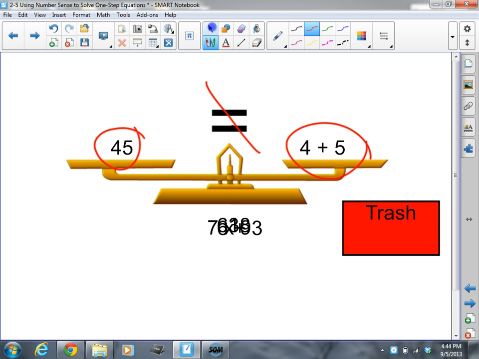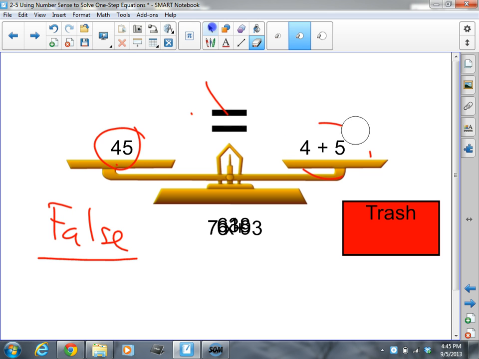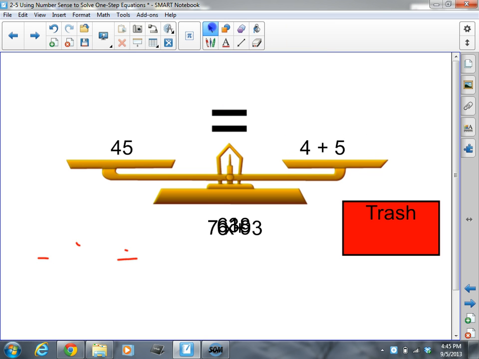So whenever you see this sign, we would call this a false equation. When this does not equal this, we call that a false equation. All right, so let's go ahead and try some more. Put this in the trash. Put that in the trash. Pull out some more.